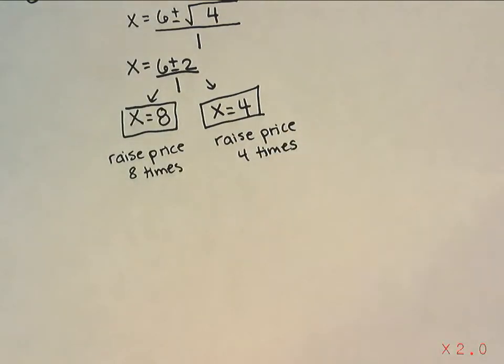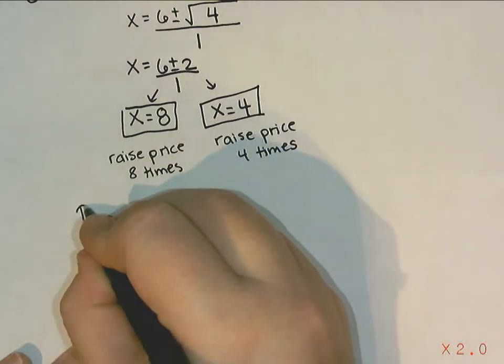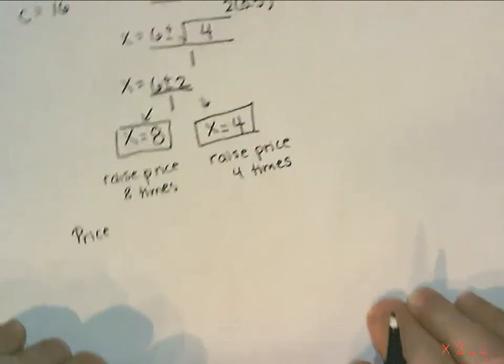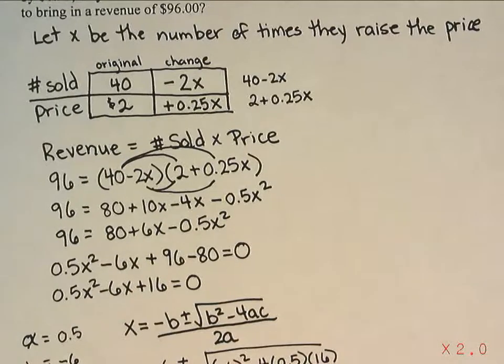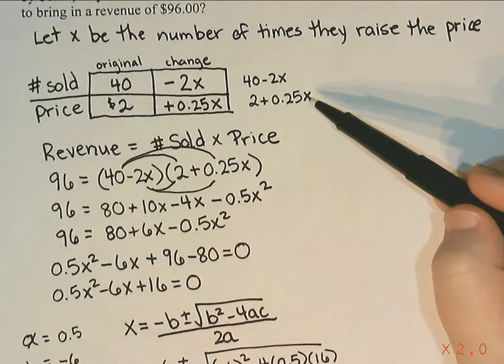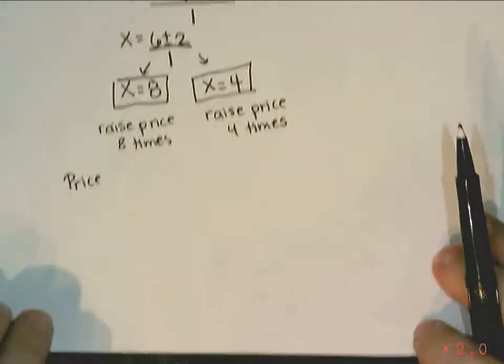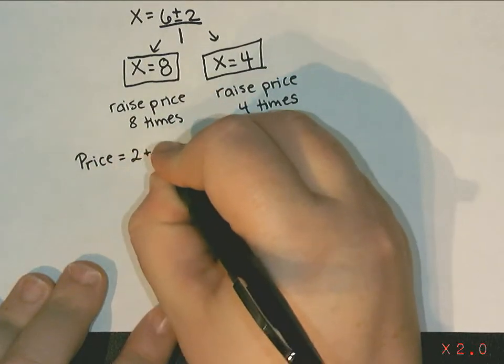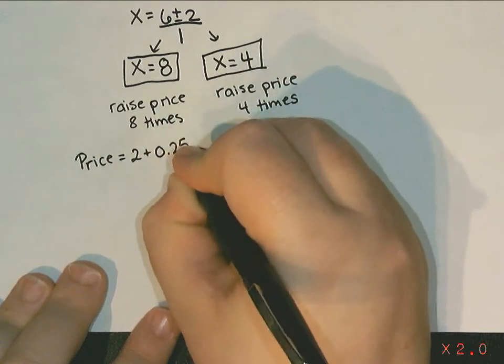Now, if they raised the price 8 times, and I wanted to know what the price was, go back up here. We said our price is $2 plus 25 cents times the number of price changes. So it's going to be $2 plus 25 cents times 8.